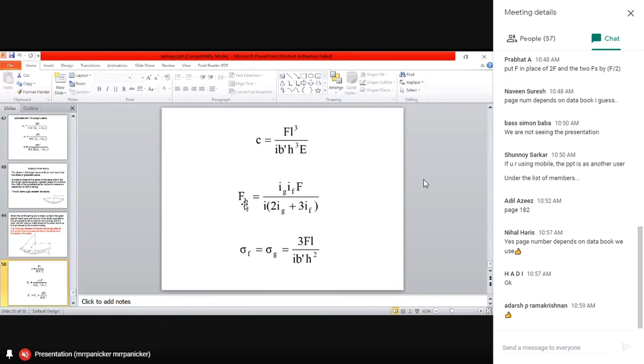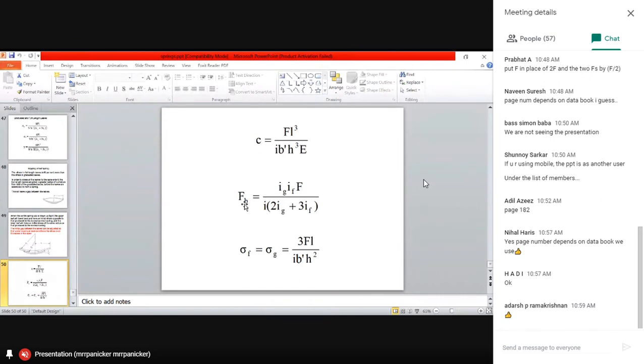That equation is being given again in 182, and the initial gap is 182. In the equation there is a typing error. The initial gap between the full length and graduated leaves, you can correct that equation in the data book.